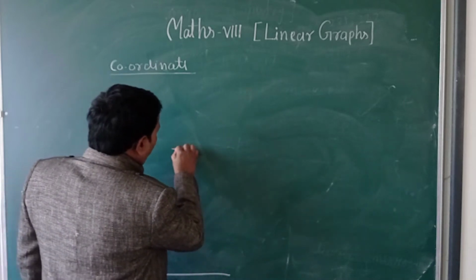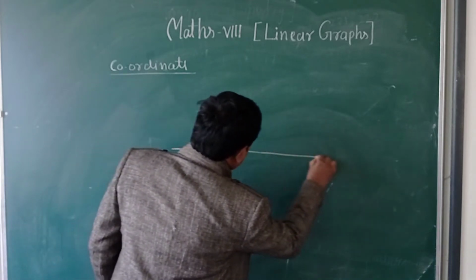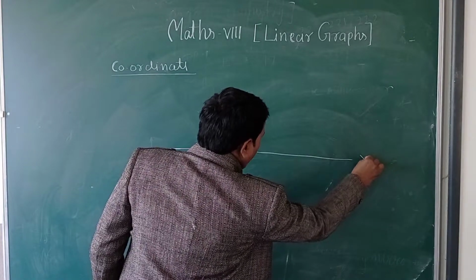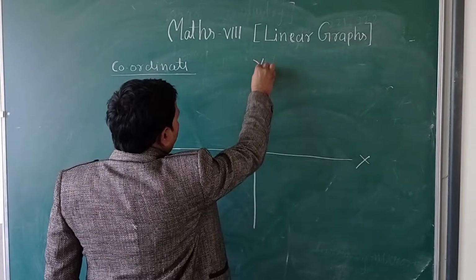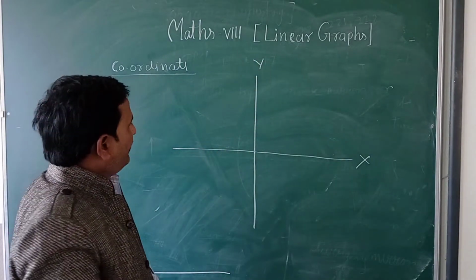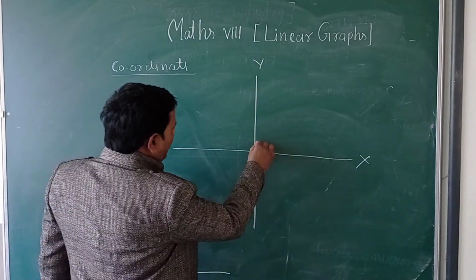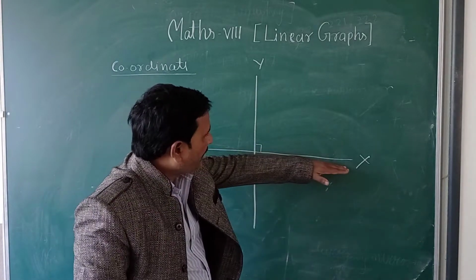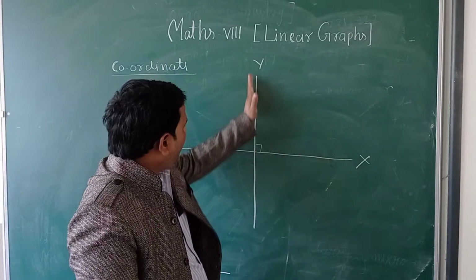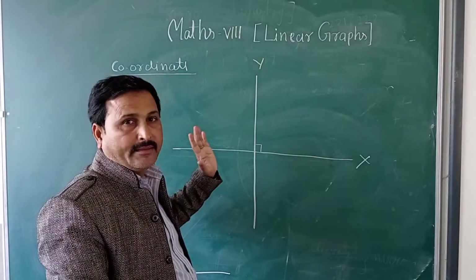the horizontal line is known as the x-axis, and the vertical line is known as the y-axis. This angle is 90 degrees. The x-axis value is known as abscissa, the y-axis value as ordinate.